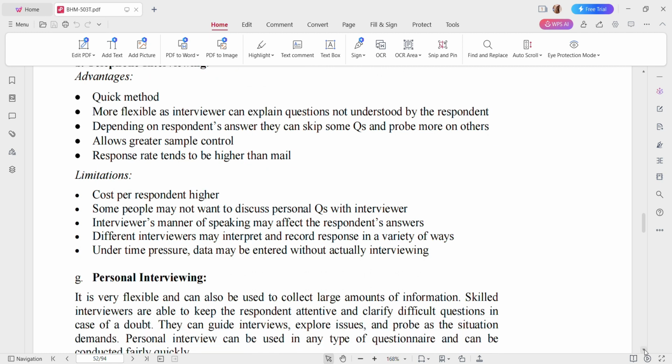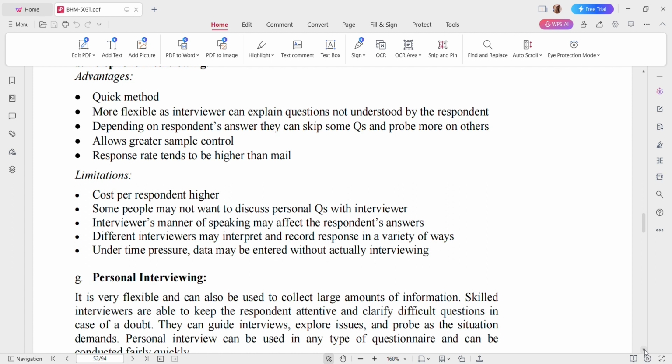Okay. Limitations: cost per respondent is higher kasi kailangan mo magbayad ng load. So, some people may not want to discuss personal matters or interview questions. The interviewer's manner of speaking may affect the respondent's answer. Kasi nga, minsan, depende sa tono ng pagsagot natin, like, pasigaw, although hindi nga niya nakikita yung expression natin. Depende kung paano mo sabihin yung word.